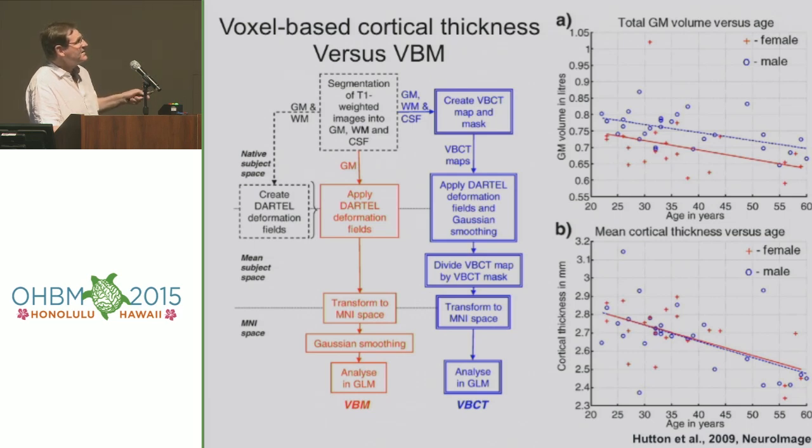And the results are shown here, and it shows quite consistently that whether it's voxel-based cortical thickness or volume-based, there is a decline in gray matter volume or cortical thickness as a function of age, and a difference between males and females here, which is essentially being driven by the difference in cortical surface area, because the cortical thickness is the same for males and females.